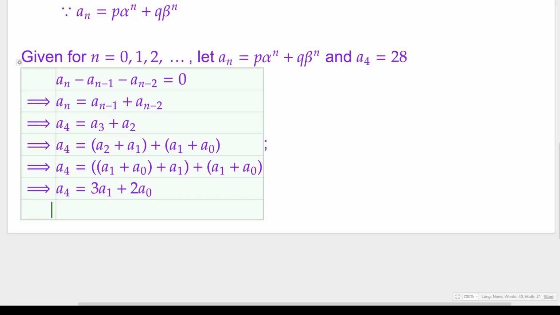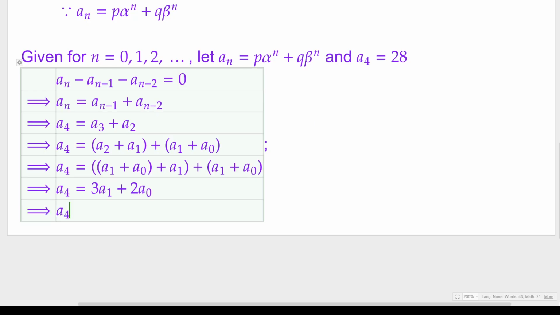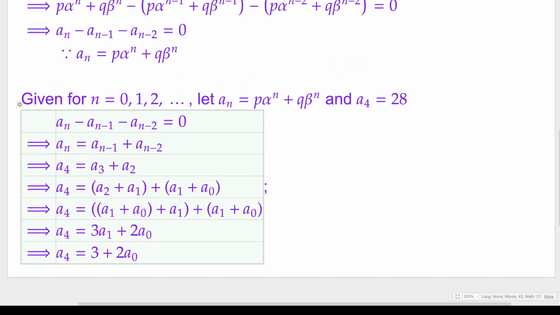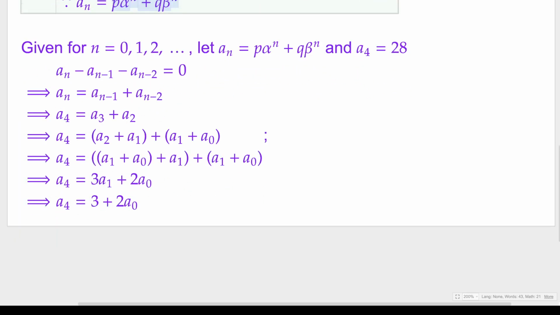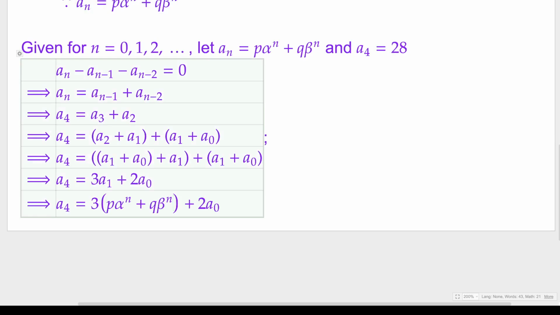And finally we can say that a subscript of 4 will be equal to 3 times a subscript of 1. So instead of this one, I will be writing this particular figure with the power of 1. So here the power is 1. So p times alpha power 1, and here q times beta power 1.